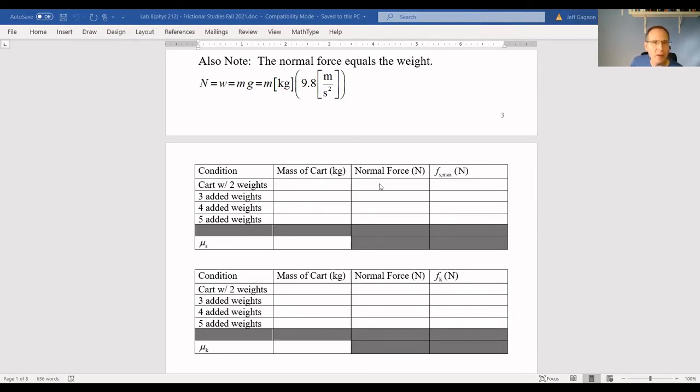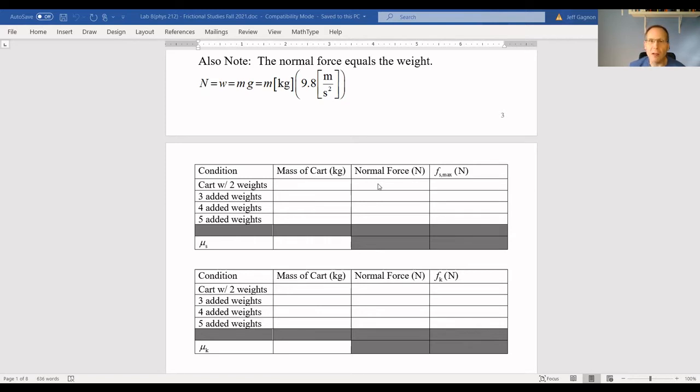Okay, once we have the mass of the cart, how do we compute the normal force? Remember, the normal force is the force that the wooden ramp, which is horizontal, exerts upward on the cart. So it's a force that's perpendicular to the surface, in this case the upward force. Well, the downward force is the weight of the cart, which is simply the mass in kilograms times 9.8.